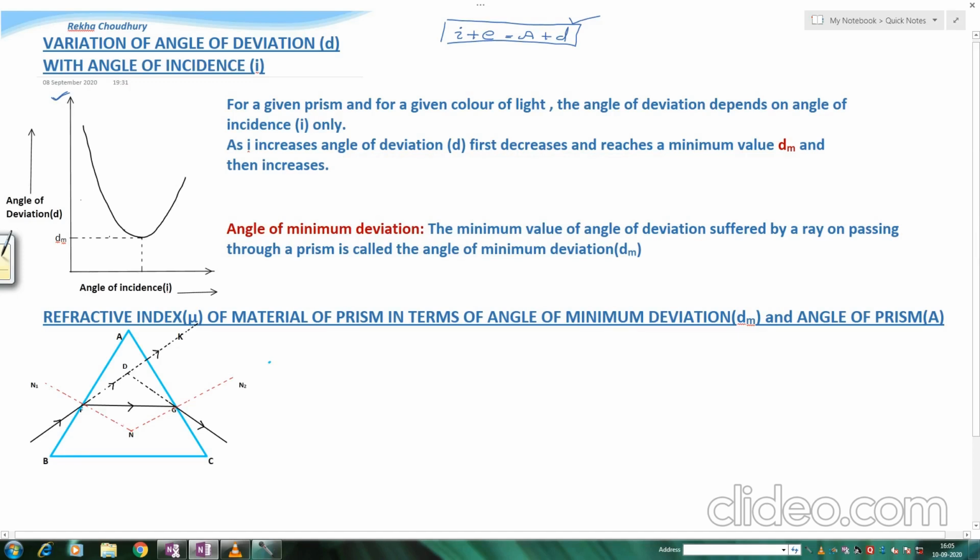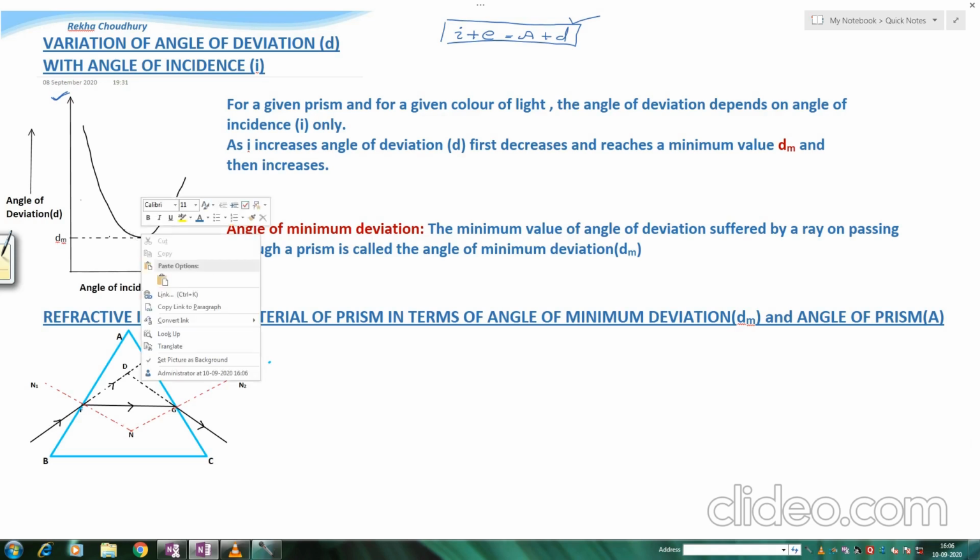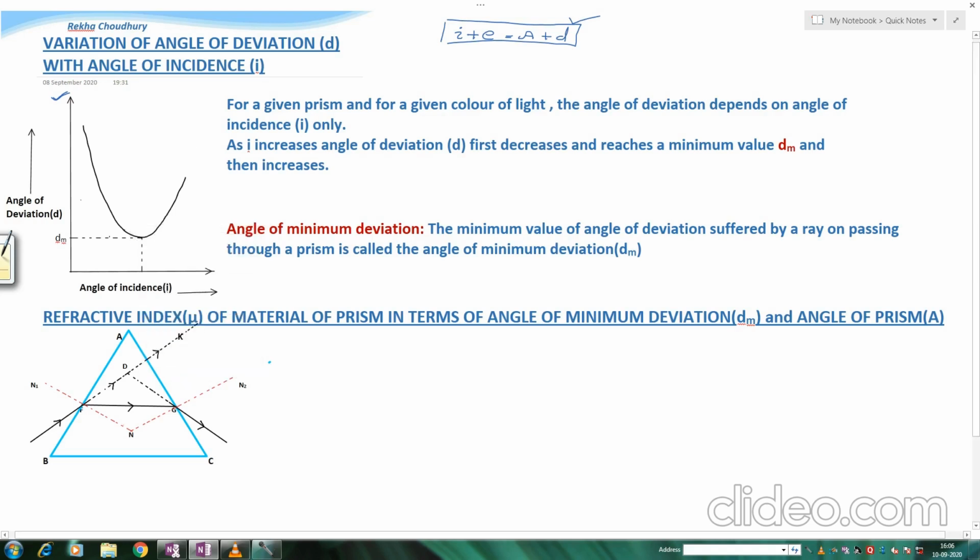From this graph, we can understand that the angle of deviation decreases with increasing angle of incidence and attains a minimum value here. See, this is dm, then again it increases with increasing angle of incidence.